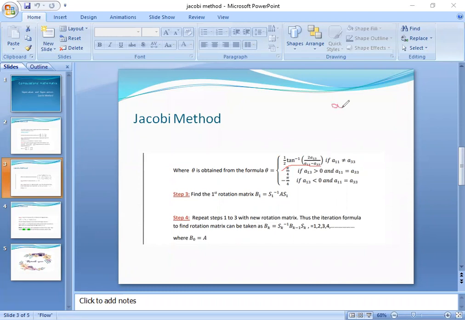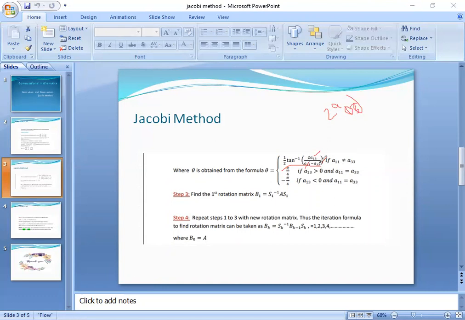The largest element is A13, which we have chosen. 2 times A13 should be taken in the numerator. In the denominator, this is the first row, so we consider A11 minus, and third column it is A33. So we need to remember theta as half tan inverse of 2A13 by A11 minus A33.